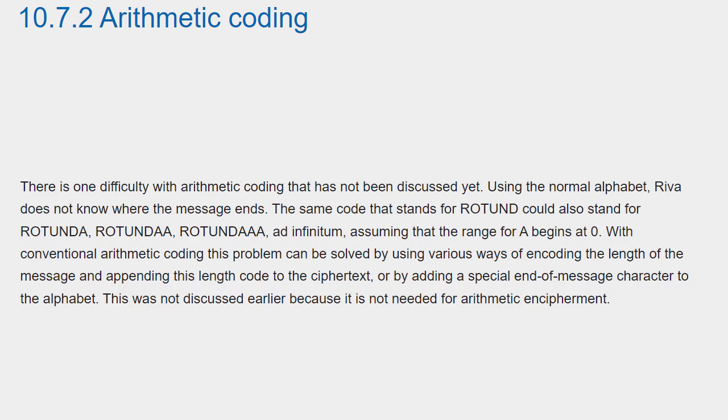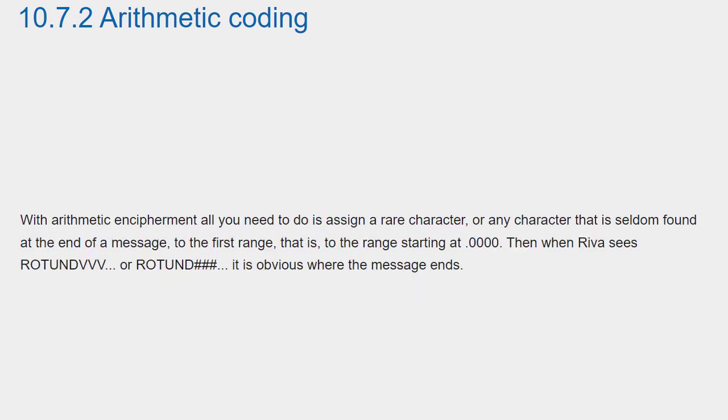With conventional arithmetic coding, this problem can be solved by using various ways of encoding the length of the message and appending this length code to the ciphertext, or by adding a special end-of-message character to the alphabet. This was not discussed earlier because it is not needed for arithmetic encipherment.